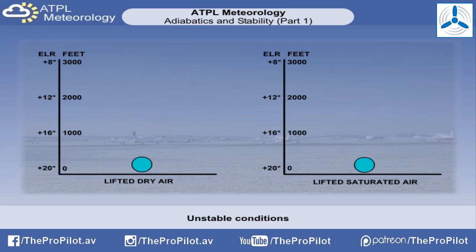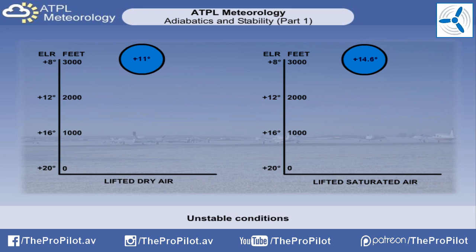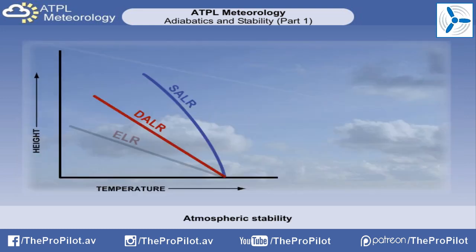Air is unstable if, after an initial movement upwards, it continues to rise. In other words, it's buoyant. This happens when the parcel of air finds itself surrounded by cooler air. We now have three different lines on our diagram, and we're going to use these to explain stability.